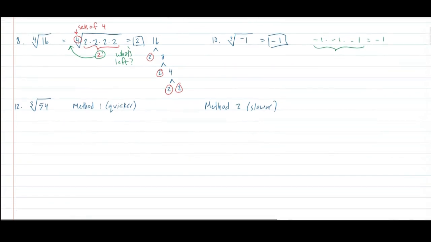Okay, so the quicker way is to say this. The quicker way is to say, can I rewrite the number 54 so that it's got at least one perfect third root?